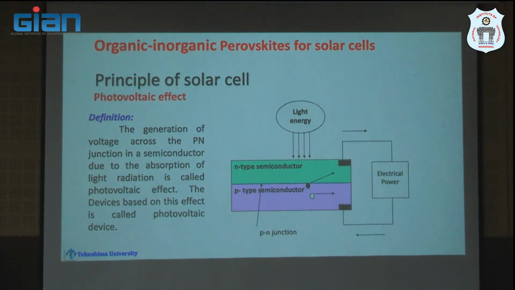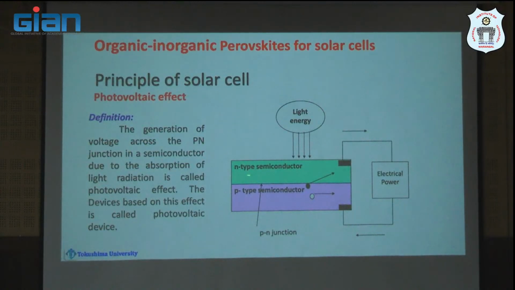You have seen solar cells. You just know that solar energy comes to the solar panel and it creates electricity. Done, finish. But how? That working principle you must know. The generation of voltage across a PN junction.